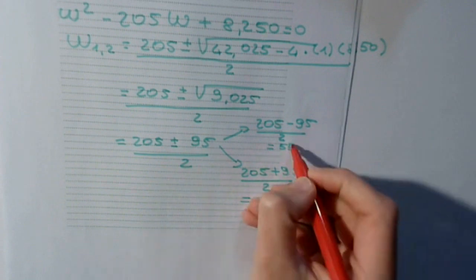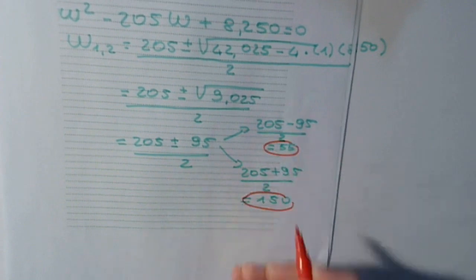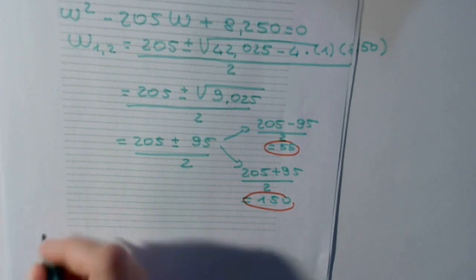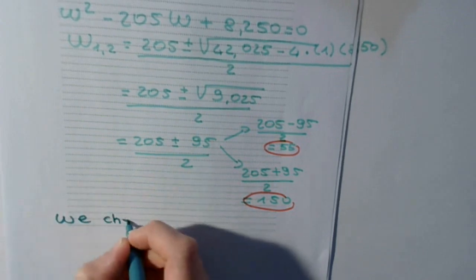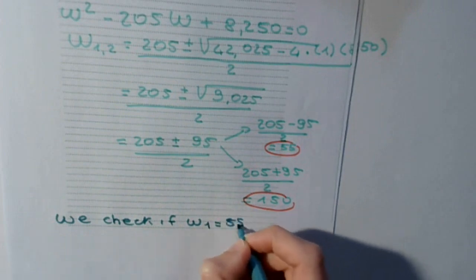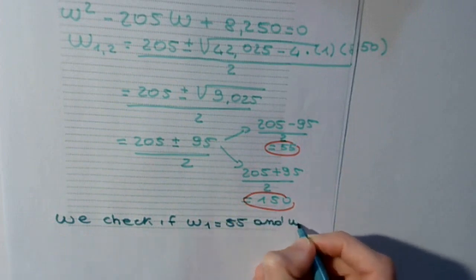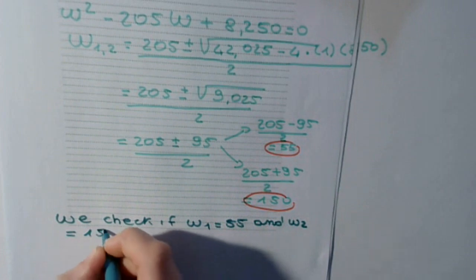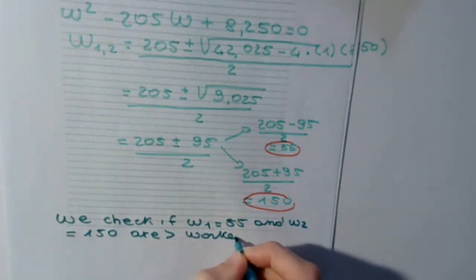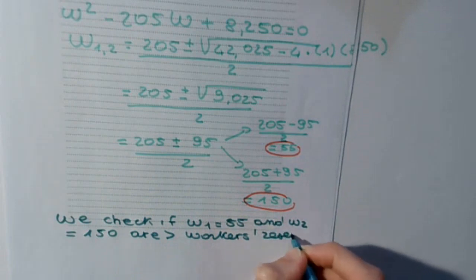So, meaning we have to check if both of them are higher than the reservation wages of workers. Okay, let me write this. Okay, we check if wage 1 equal 55 and wage 2 equal 150 are higher than workers' reservation wage.